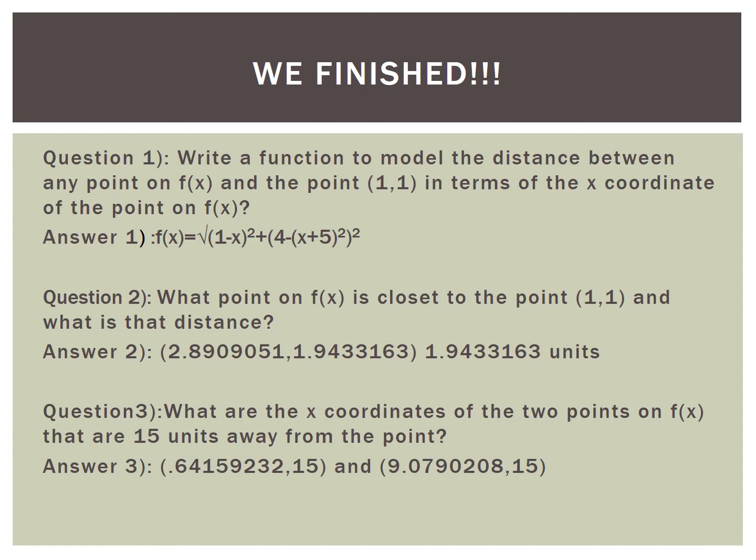We got the point 2.890905, 1.9433163. So that means that our distance apart is 1.9433163 units. For question 3, what are the x coordinates of the 2 points on f of x that are 15 units away from the point?